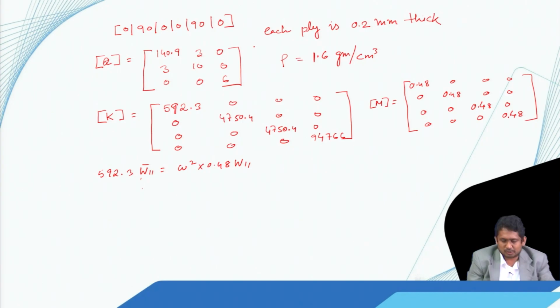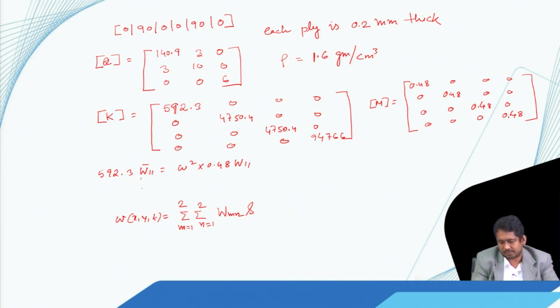Now, when we solve this problem, our approximation was W as a function of x, y, t is equal to summation of n is equal to 1 to 2, m is equal to 1 to 2, W mn sin m pi x by a and sin n pi y by b.